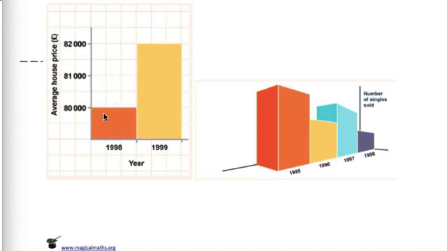This one's still misleading because it didn't start at 0, but the problem with the other one is that the perspective is totally off, and so it really messes it up and makes it hard to compare them. Really, 1998 only looks like maybe it's halfway down on 1995 if we were to put this back to face it head on. But when you look at it sideways, it almost looks like it's a third of the number of houses, but it's probably more like half.